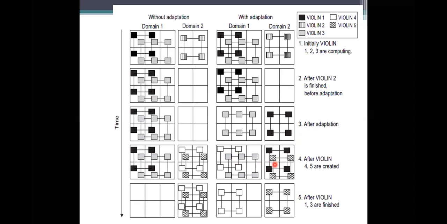You also make the others wait for some time, because processing is going on until it finishes. Here, only violin 2 will finish its processing, because violin 1, 3 and the next 4, 5 will wait, as there is no chance of executing all of these at once.